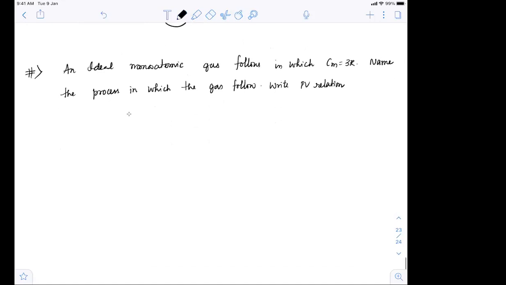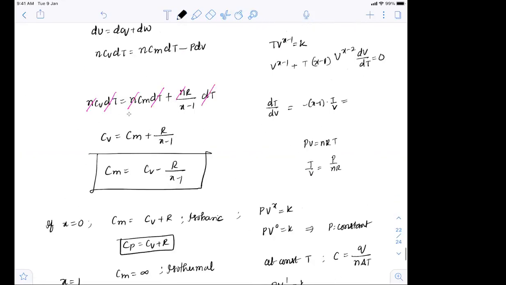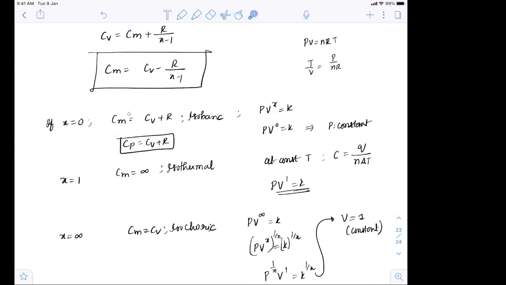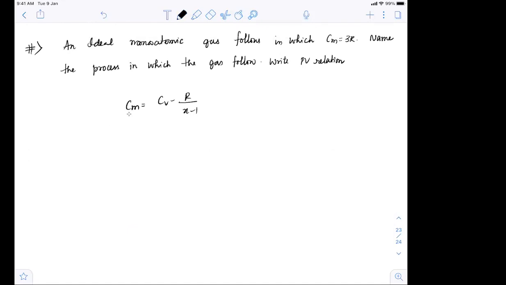Now tell me, if Cm is equal to 3R, just use the formula like I said. Cm is equal to Cv minus R by x minus 1. This is the formula we just derived. So just use that formula. Cm is 3R.